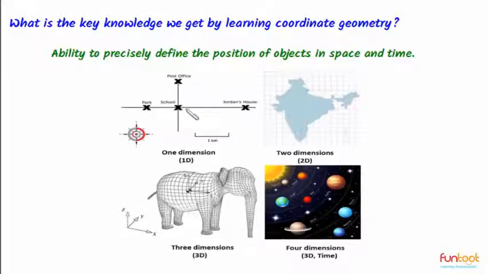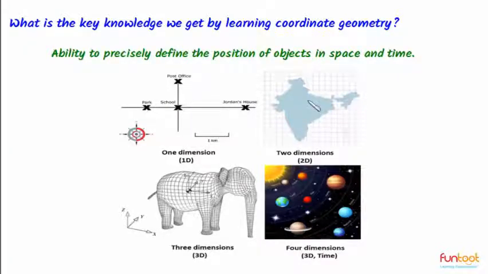It shows the relative positions of park, school, post office and Jordan's house. Here, if we fix the position of school as the point where we stand, with the help of this sketch, we can find the positions of post office, park and Jordan's house if we know the distance of these places from school.